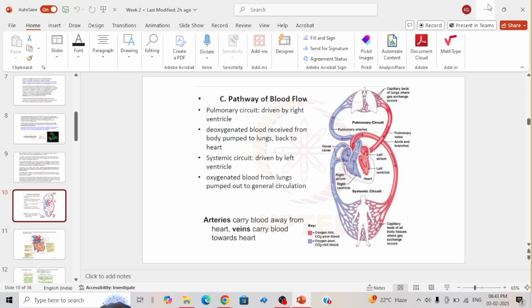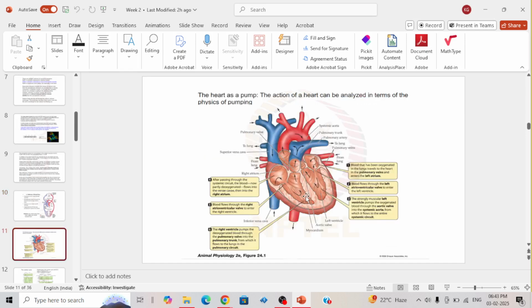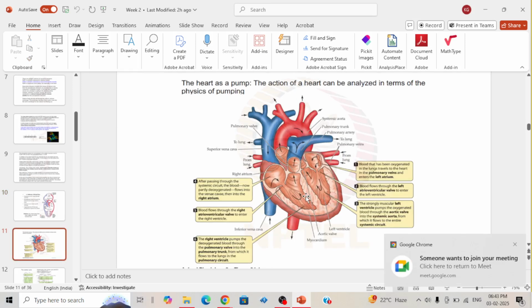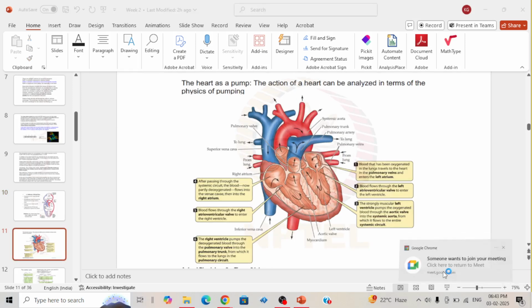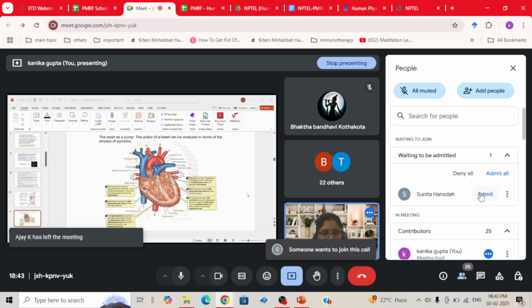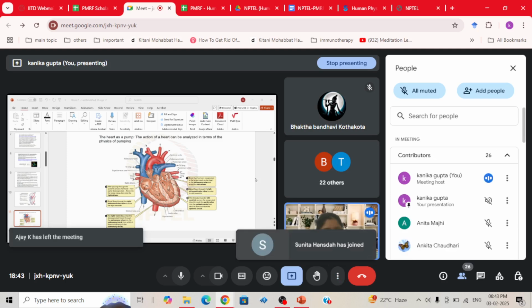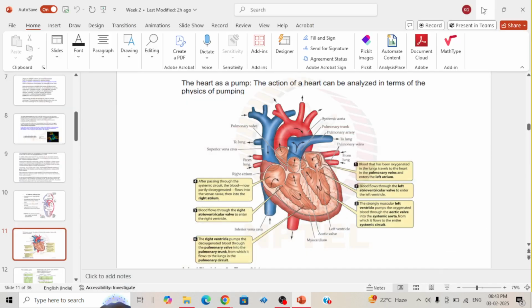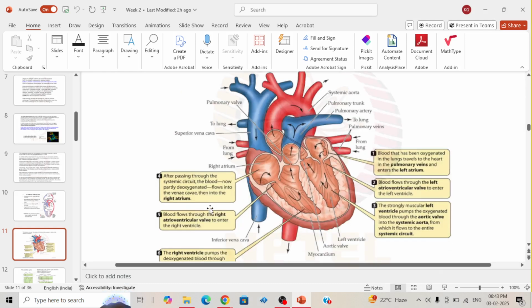Okay, so next thing, as I told you, the heart as a pump. This is just the repetition of what I have told you guys now, but there are some terms that you must know, so I'll tell you the terms. Okay, right atrium, you guys know.